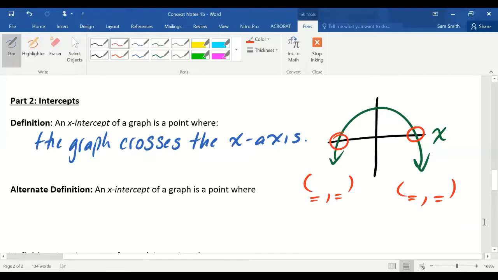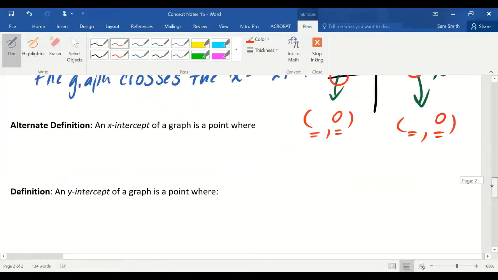Now, because both of these points are located on the x-axis, that means that to reach those points, you're not able to go any units in the upward or downward direction, which means that any x-intercept must have a height, or y-coordinate, of 0.